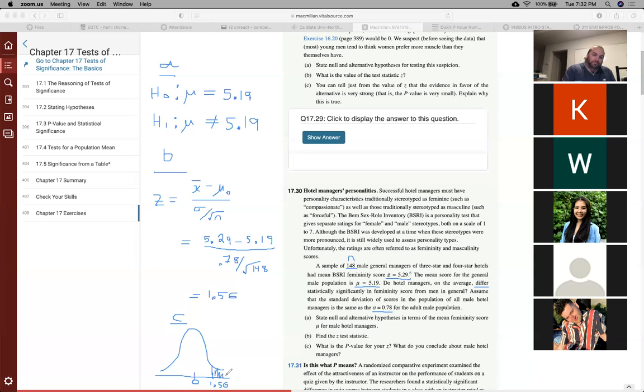Close, but no cigar. As well as the other side. It's a 2-sided test, which means if I want to be further away from 0 than 1.56, it's not just to the right of 1.56, it's also to the left of negative 1.56.